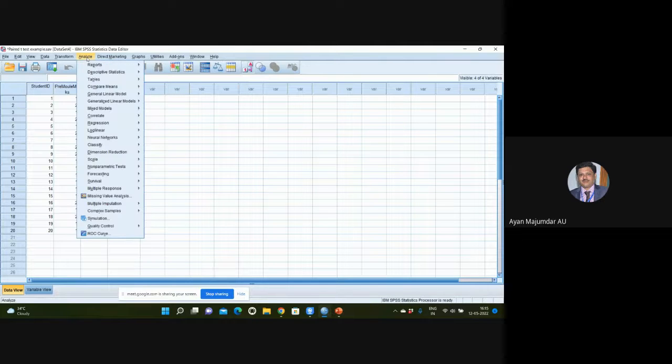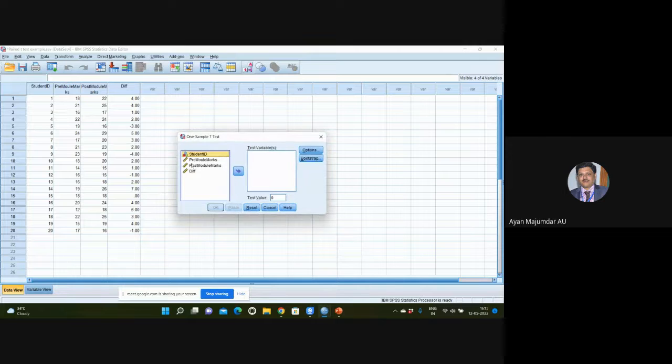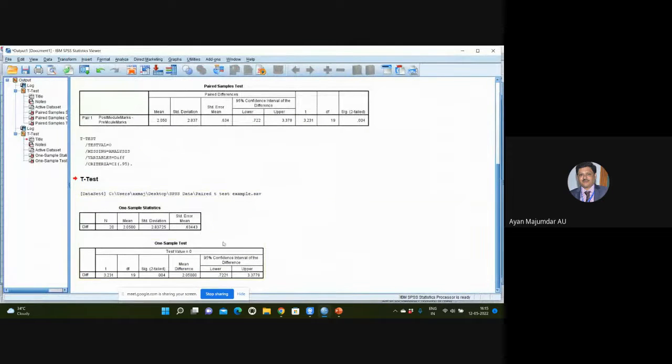You go to your analysis, compare means, one sample test, take difference as your sample. So you are testing the difference pre and post. Instead of that, the difference is generated. Take difference as the sample. At 95% level, test is okay. You see, we will get the same result.